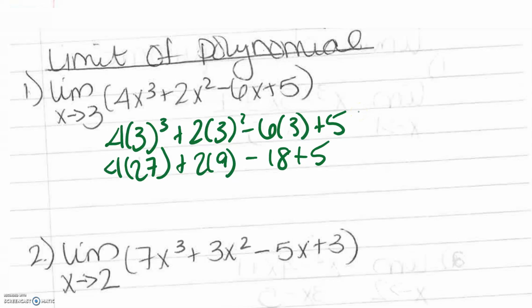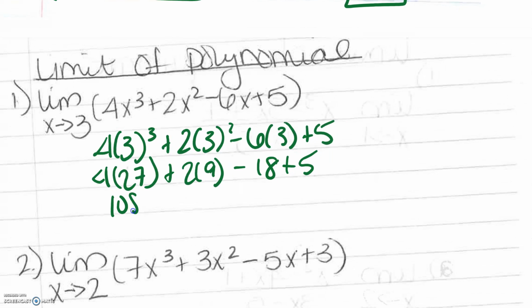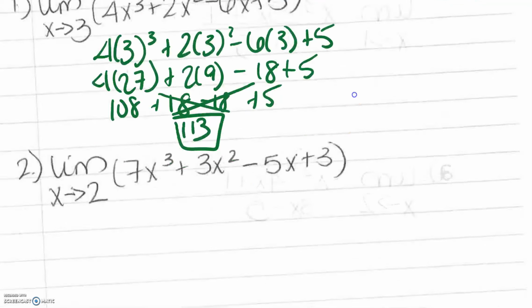What is that? 4 27's, what is that? 108 plus 18 minus 18, so that's gone, plus 5. So 108 plus 5 is 113. Okay, you would do this one the same way.